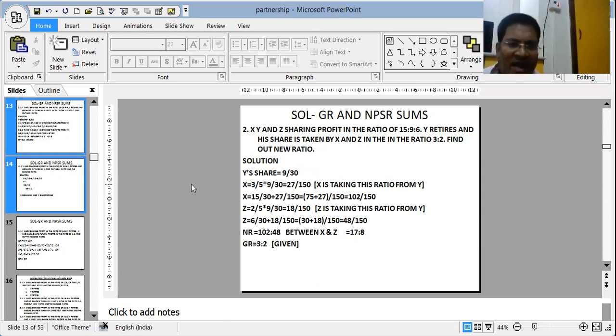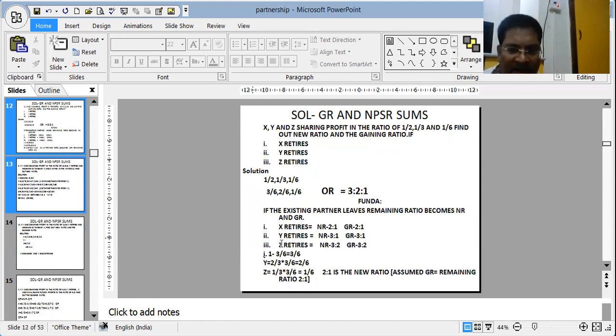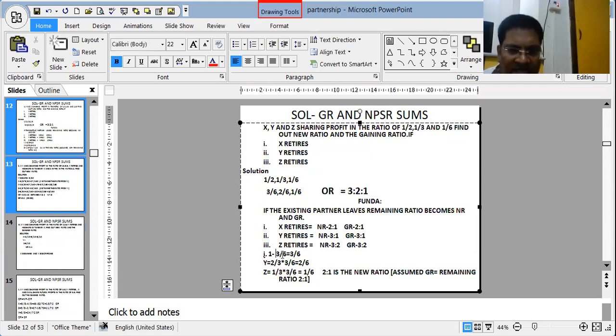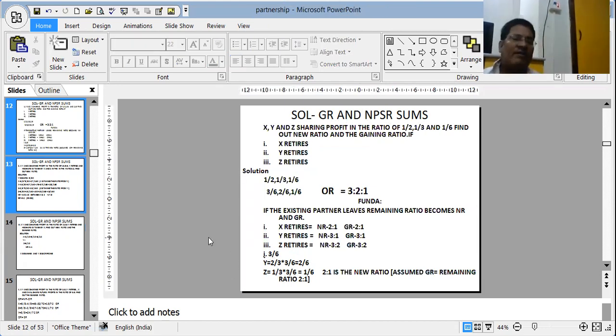In the last video also, students, this 1 minus is not required. His share is only taken away. We used to do 1 minus 3/6 in admission. But here, his share, which is 3/6, is taken away by Y and Z. It should be this way, not 1 minus, because when the partner is leaving, the cake becomes bigger.